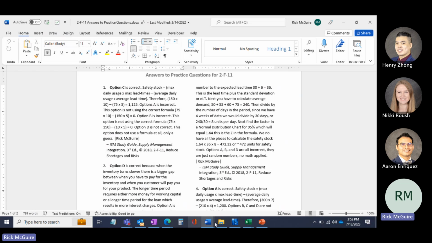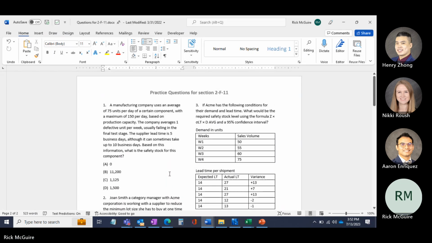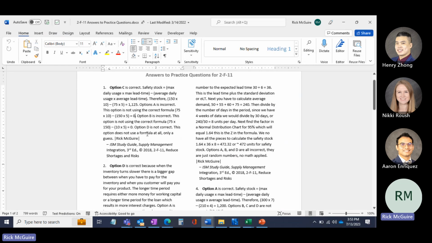I think this is the one that has the red herring in it. Yeah, so all this stuff about defective parts, it's not applicable to the question they're asking. They just throw that kind of stuff in there to get you thinking, what am I missing?